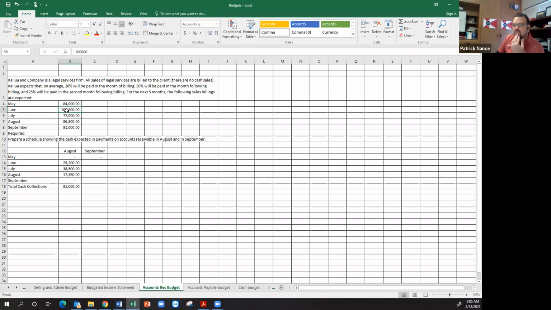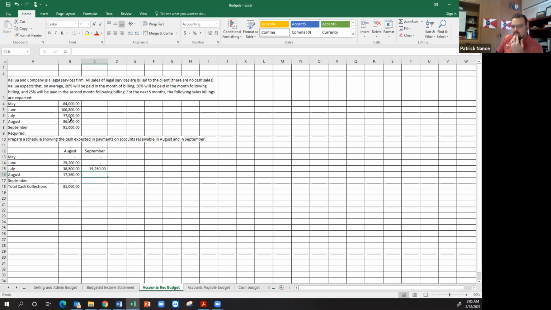June, let's go back through this. We get 20% of June's, 50% of June's, and the remainder is going to be in August, so we don't get any of June's payments in September because it's already paid off. July: 20% in July, 50% in August, 25% in September. So 25% times July sales or billing of $19,250.